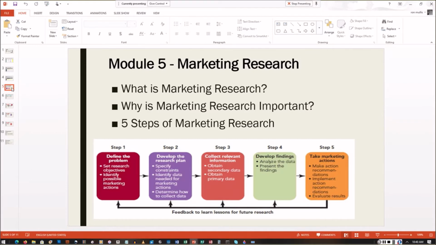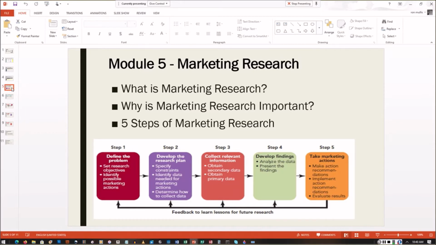Marketing research allows companies to understand their competition. We're going to discuss competition a little bit more in another lecture, but just know that you have to do thorough marketing research to understand your competition.